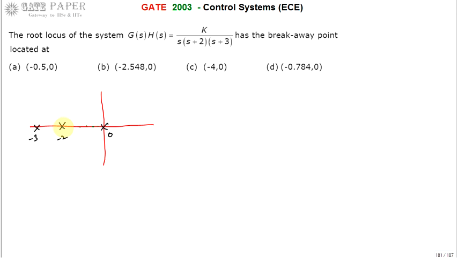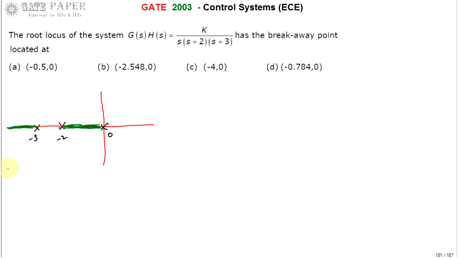So root locus exists between 0 and minus 2. It doesn't exist between minus 2 and minus 3, because for a point there the number of open loop poles plus zeros is 2, which is even. So that point is not on the root locus. The root locus is again present to the left of the pole at minus 3. So these are the root locus branches.